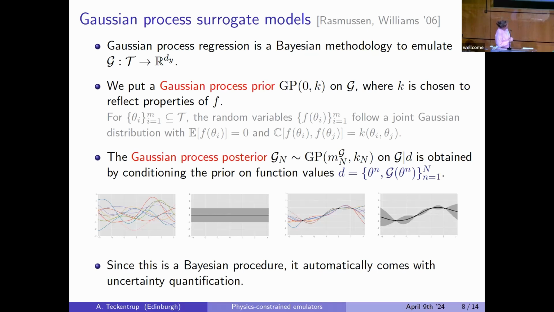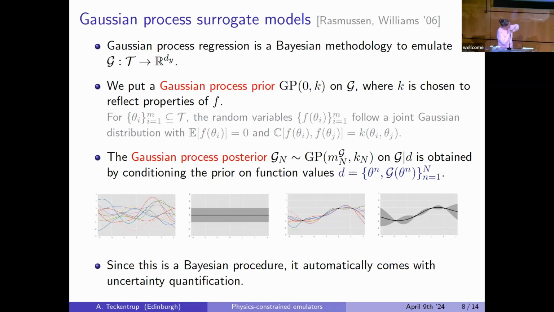So you start with a prior, such as in the left two plots, on your unknown function, right? So you view the PDE solution as a function, in this case of the unknown parameter theta. And then you put a prior on that function, so that would look something like the samples in the left-hand plot here.